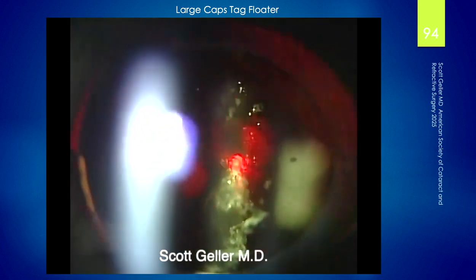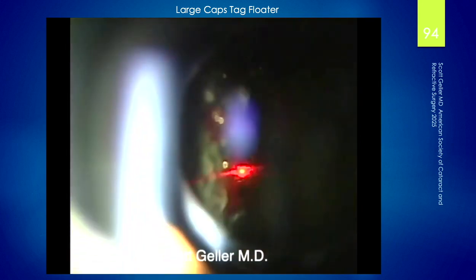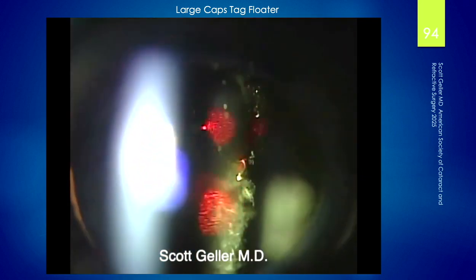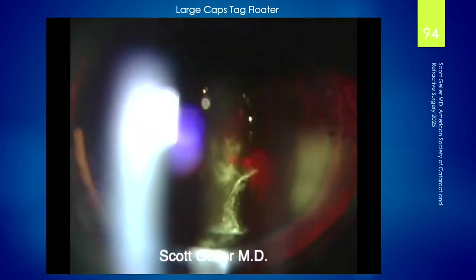So getting that out of the visual axis sometimes is a little tough. You shoot the laser just peripheral or above the opacity, get it off of the premacular bursa fibers or whatever's holding it up there, and it'll drop down and be pretty unobtrusive.